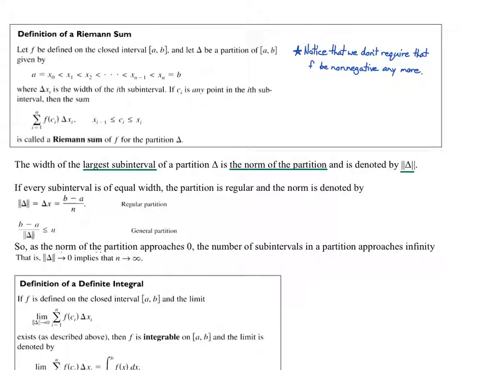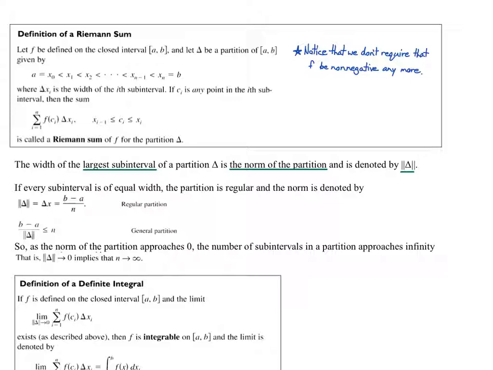Those are all the x coordinates that define the partitions, or the rectangles here. Where delta x sub i is the width of the ith subinterval. If c sub i is any point on the ith subinterval, then the sum from i equals 1 to n of f of c sub i times delta x sub i is called a Riemann sum for the partition delta.